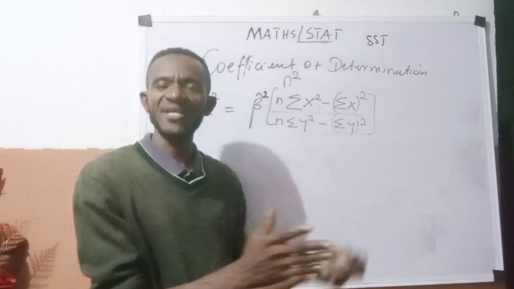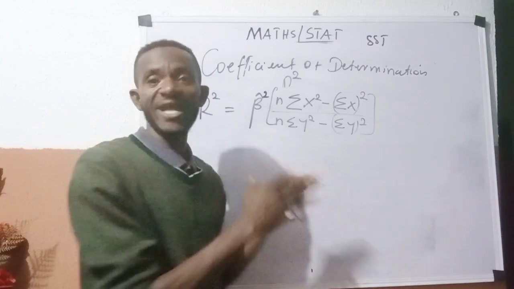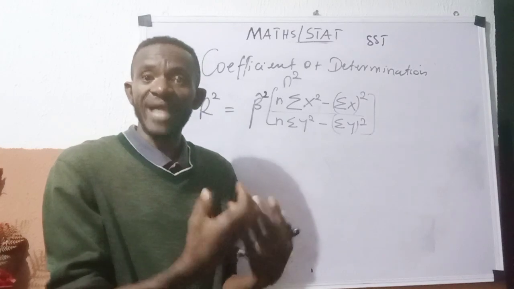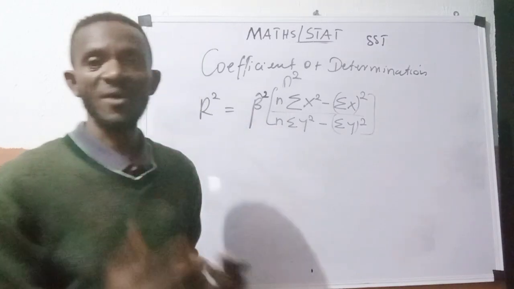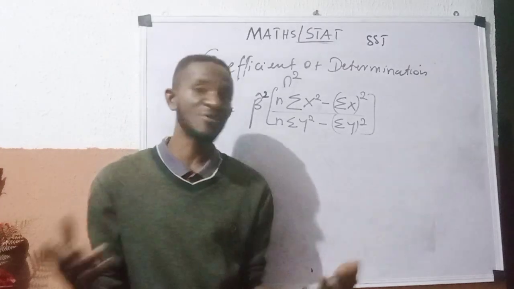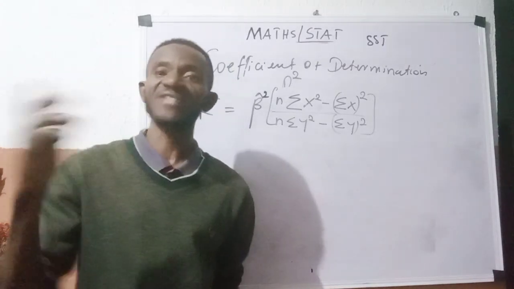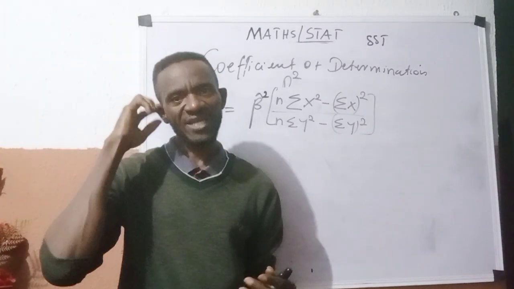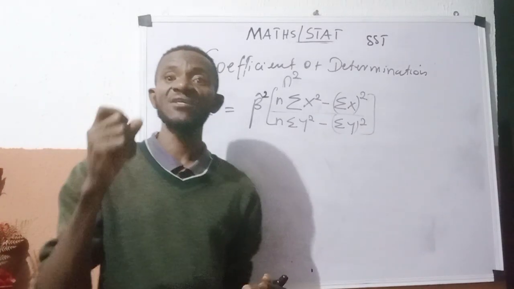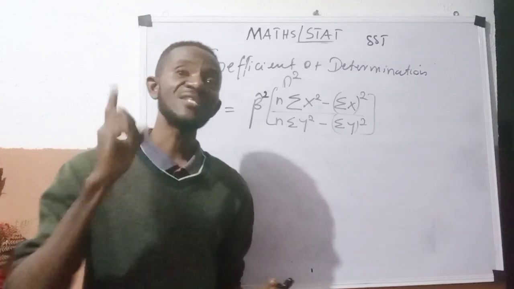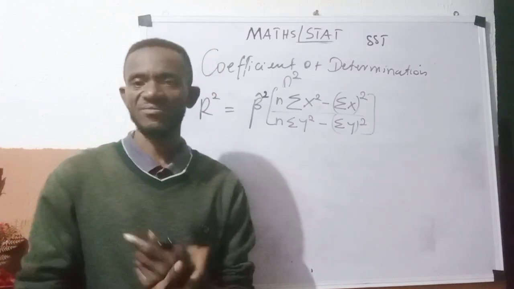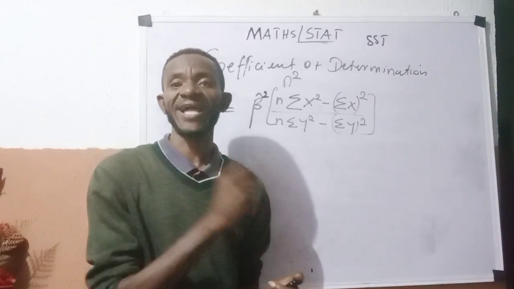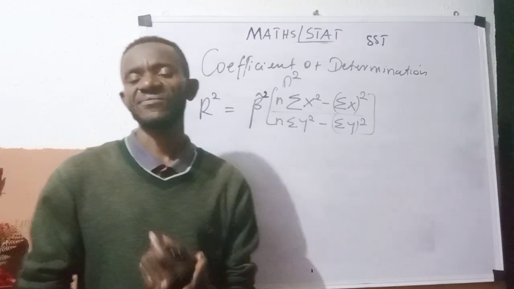You are talking about your model being fit, and we use the coefficient of determination to check the capability of this model to predict our response variable. Therefore, it can be used as a goodness of fit test. So when you have a model and you can determine the coefficient of determination, you can equally use the value as the goodness of fit value, to tell people how good that model which you developed for that particular data and research is.